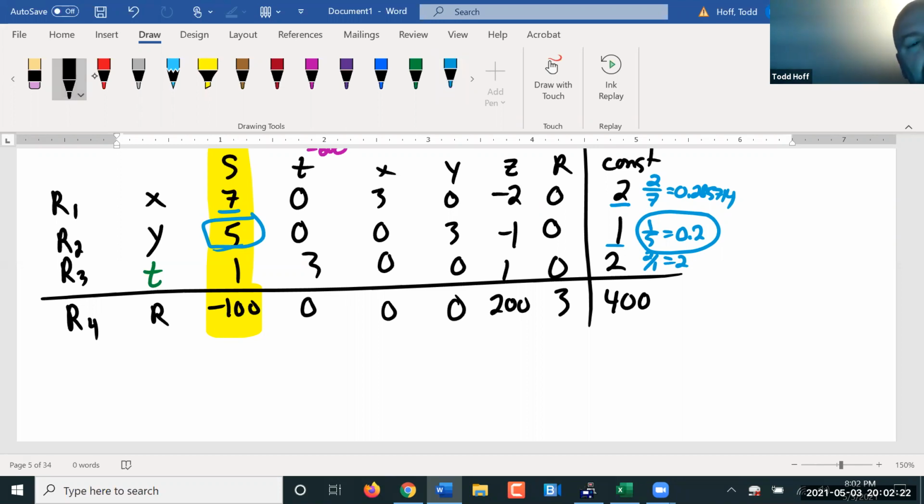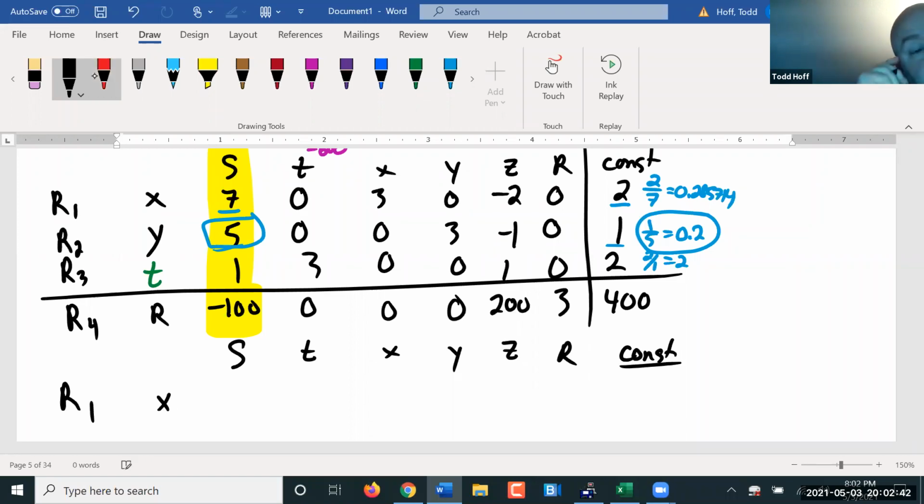So let's set up my next tableau. S, T, X, Y, Z, R, and constant. And let's do row 1, which is going to stay labeled row X. I need to get rid of that 7 by using the 5.